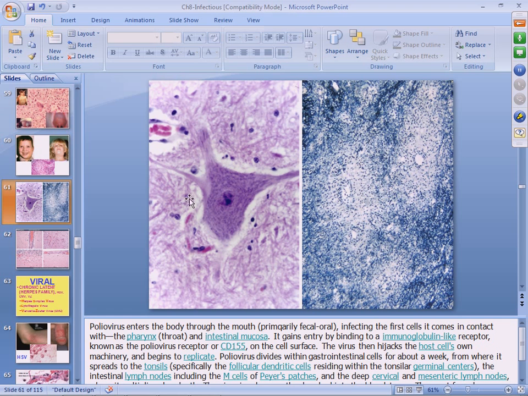This neuron here may not be directly wiped out yet, but if you go on to a lower power, you'll see areas in the central nervous system, the ventral or anterior horn region of the spinal cord, which are edematous and gliotic and even demyelinated, because edema, gliosis, and demyelination are the three nonspecific patterns of reaction to any part of the central nervous system, whether it's brain or spinal cord or anterior horn area of the spinal cord.